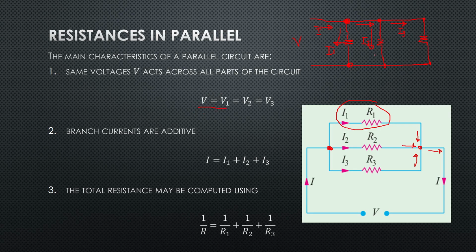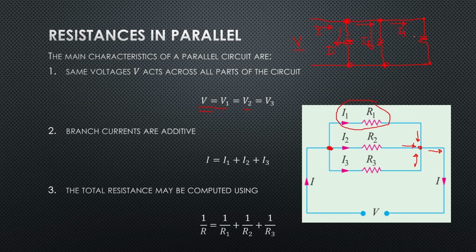Similarly, on this branch there's a voltage V2, but V2 is equal to V as stated here.